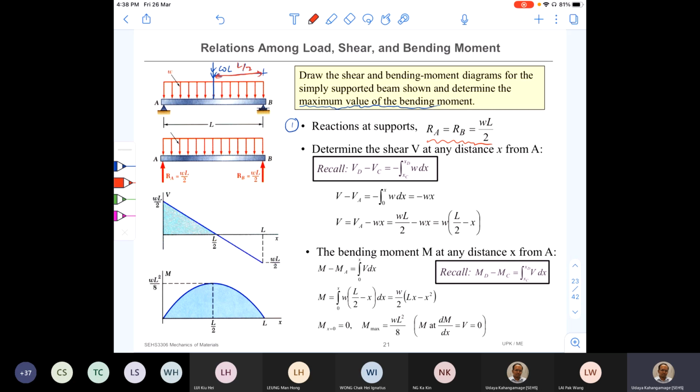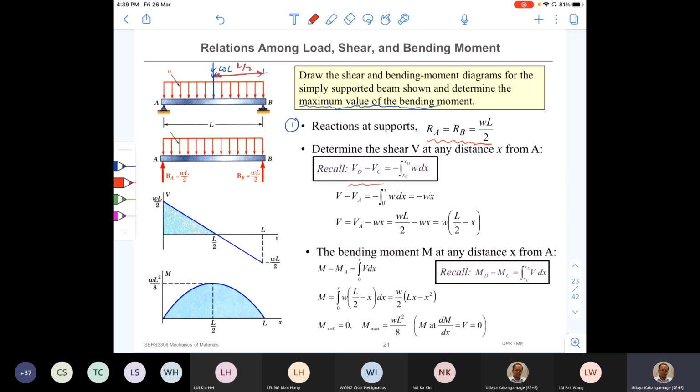Okay, right. Now we are going to draw the shear force diagram by looking at the load distribution. So now you can remember this relationship, right? Shear force variation is equal to the negative of the area under the load diagram.